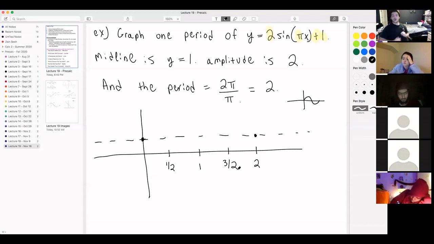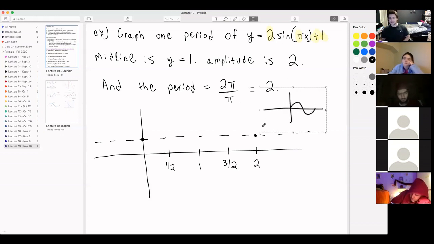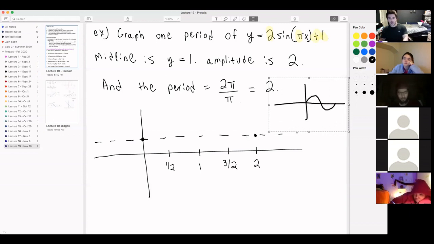Okay? Good. Now we need to follow this basic shape. It's going to go like that. It's going to look like this. Next we're going to have the maximum point. For that we need to go up 2 from the midline, and that's going to happen at the quarter mark.